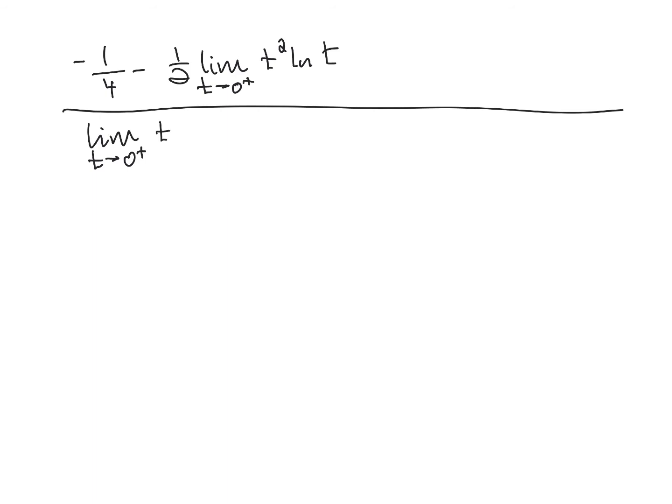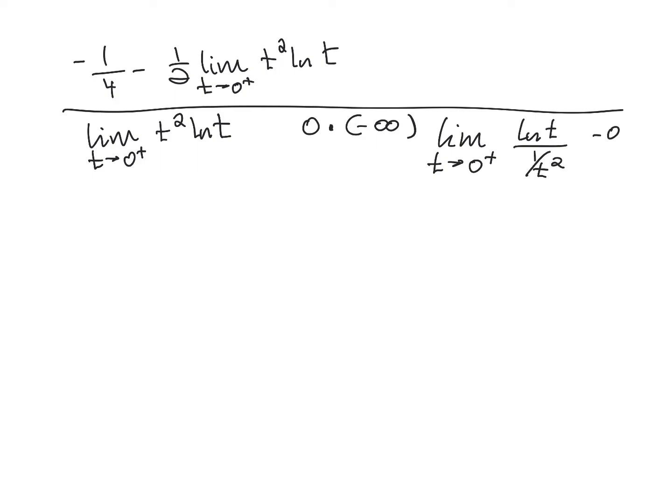Let's look at the limit, without the constant, as t approaches 0 from the right of t squared natural log of t. Again, t squared approaches 0 and natural log of t approaches negative infinity. We want to change that indeterminate form so we can use L'Hopital's rule. We take t squared in the numerator and write it as 1 over t squared in the denominator. Now the indeterminate form is negative infinity over infinity, and we can apply L'Hopital's rule.